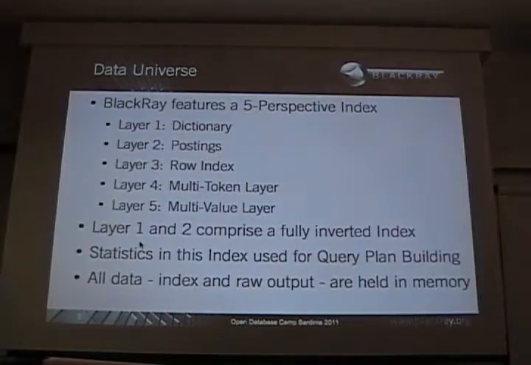Besides storing the data, we keep a lot of statistics in our index, mostly token frequencies and combined token frequencies. And they are very, very important for our optimizer to do quick searches.